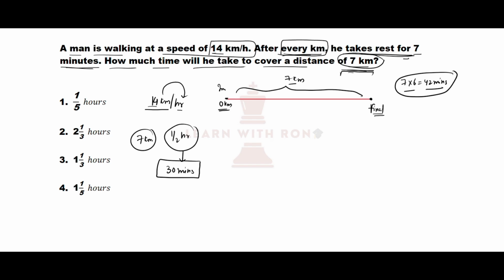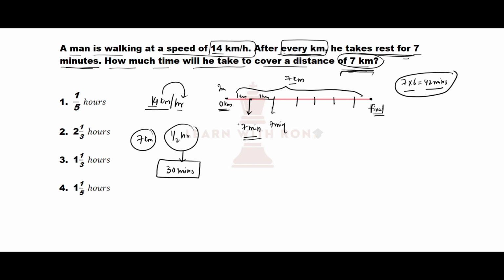Now see here, from 0 kilometers a man covered 1 kilometer, and after 1 kilometer he took rest for 7 minutes. So again he traveled for 1 kilometer and again he took rest for 7 minutes. So like this, 3 kilometers, 4 kilometers, 5 kilometers, 6 kilometers.